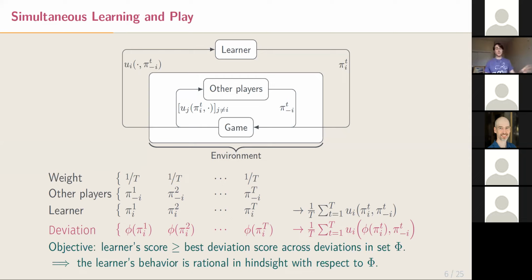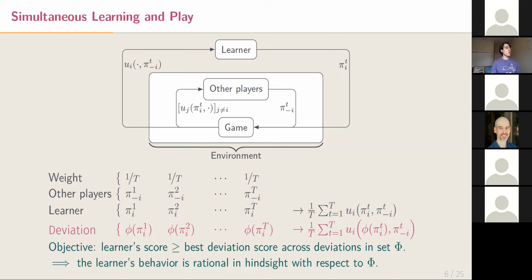So if the learner can achieve this constraint, then the learner's behavior is rational in hindsight. We've set up this hindsight value objective. So if the learner is optimal with respect to that objective, the learner's behavior is rational in hindsight with respect to this deviation set, and that'll become important.